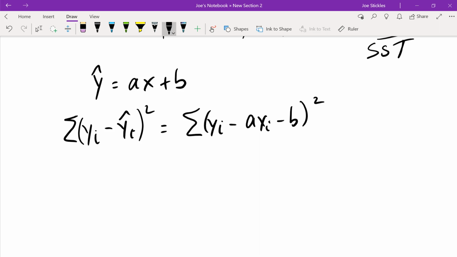All right, so these should be deviations again, right? And we want to square the deviations.